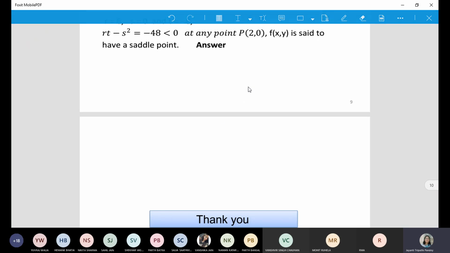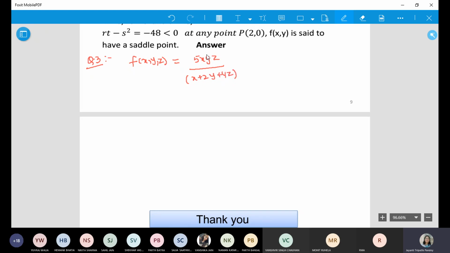Now here the question is with some condition. Just think. If x, y, z, f of x, y, z is 5xyz upon x plus 2y plus 4z. This is your f(x,y,z).